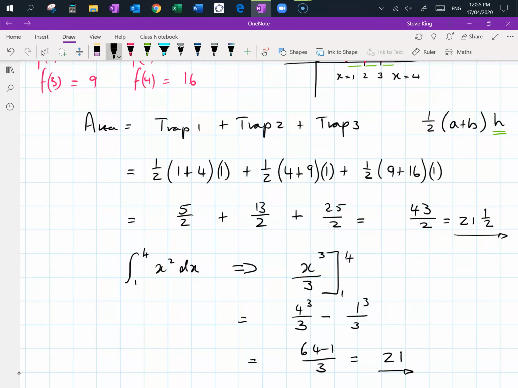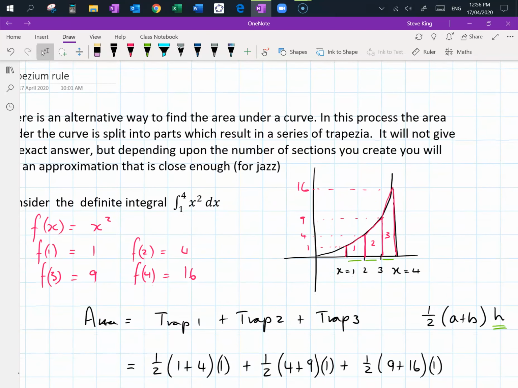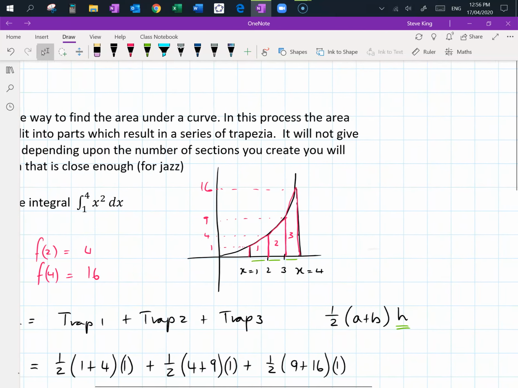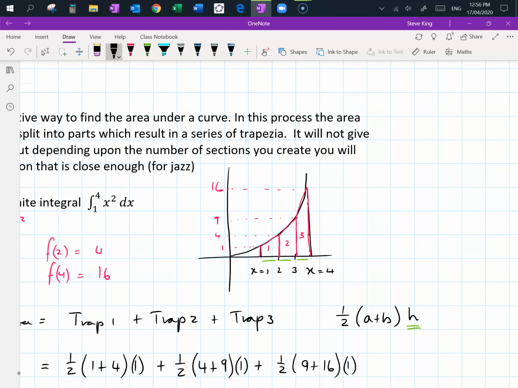And the reason why it's an approximate area is because we have been overestimating this area over here. As I tried to show to you earlier, our curve is going like that. I'm going to exaggerate this slightly. And the line of the trapezium is going like that.